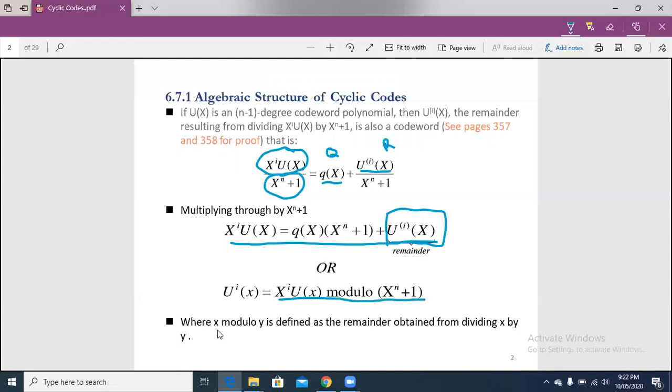For example, x modulo y gives the remainder of dividing x by y. So xiu of x divided by xn plus 1 gives the remainder ui of x, the code word. So ui of x is xiu of x modulo xn plus 1.